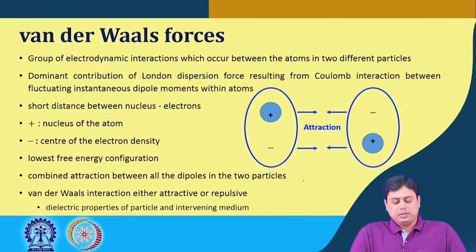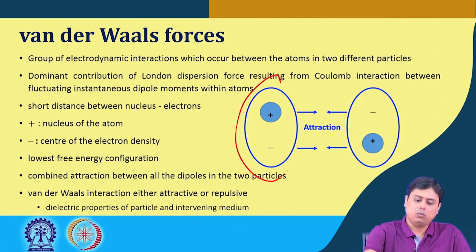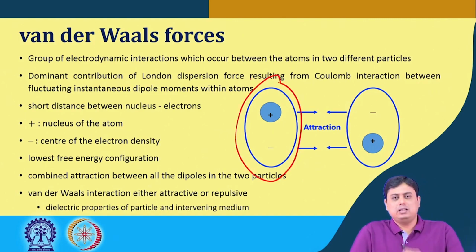Now what happens in that case, in order to be in a minimum energy state, say one atom would be in such a configuration where this plus sign designates the nucleus of the atom and the negative sign is the center of this electron density.